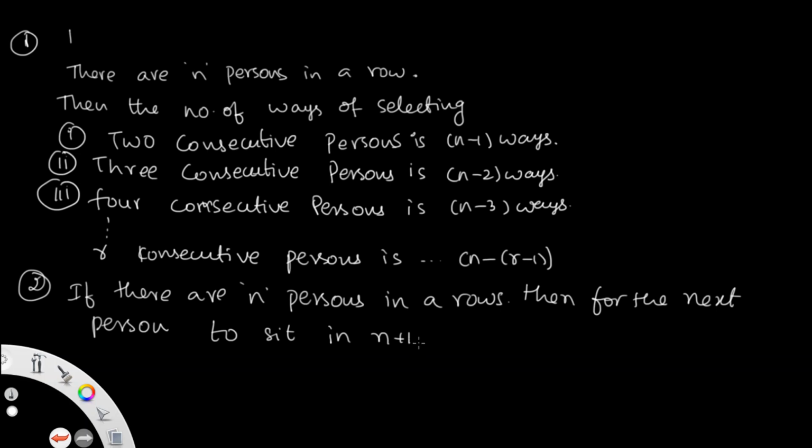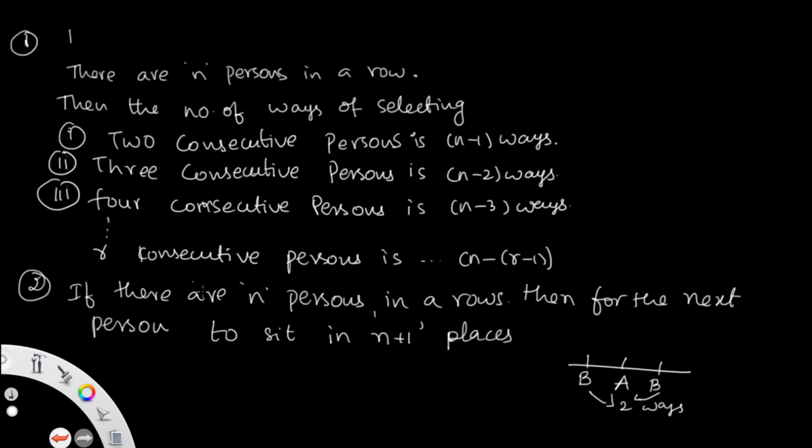Nothing but n plus 1 places. How? If a person A is sitting there, the next person can sit at B, that is one way. Another way is on the other side. So how many ways totally? This can be done in 2 ways.